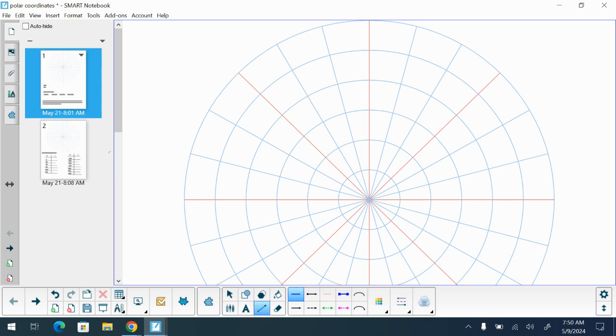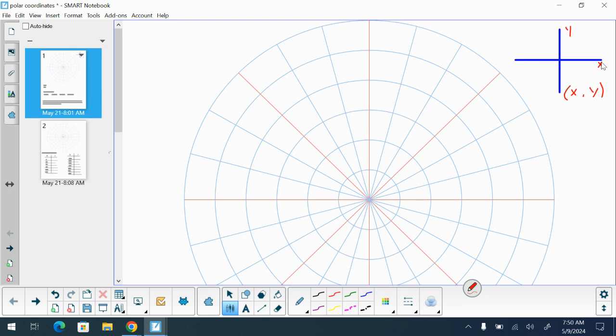What we have done in our math career is we have drawn an x-axis and a y-axis and plotted points by using an ordered pair of x and y. That is what we have done throughout your entire mathematical career.